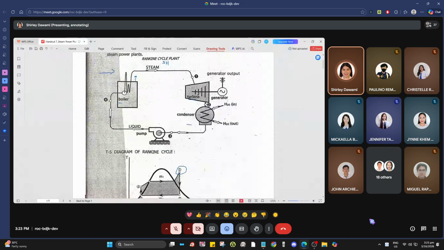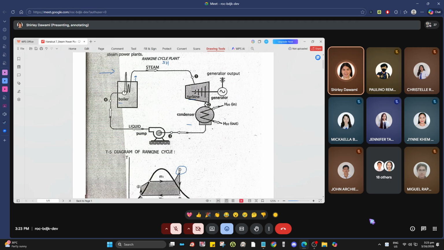The turbine produces work by expanding steam at high pressure and temperature. Steam enters the turbine, which causes the blades to spin, doing mechanical work.